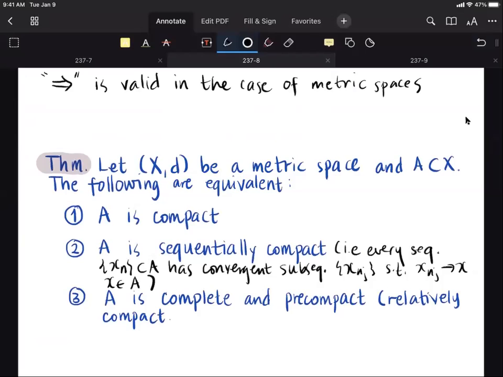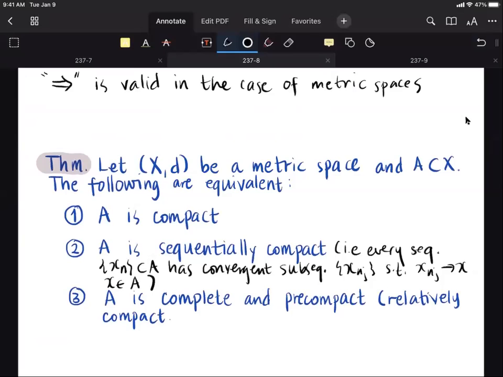So recall that these situations are somewhat typical for metric spaces. For instance, continuity is equivalent to sequential continuity. Closedness is equivalent to sequential closedness. So this is also true in the case of compactness.